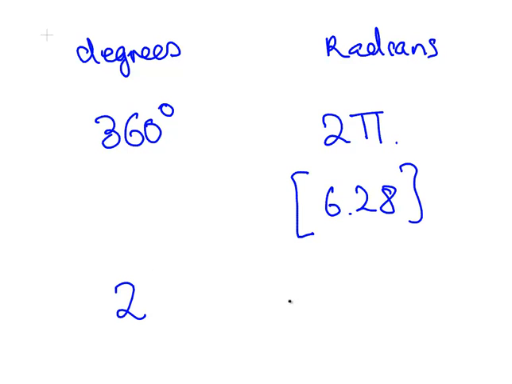So 2 radians is just slightly less than 120 degrees, probably 110 degrees or something like that. But anyway, your calculator should work on the basis of radians. Alright, that's enough of that.